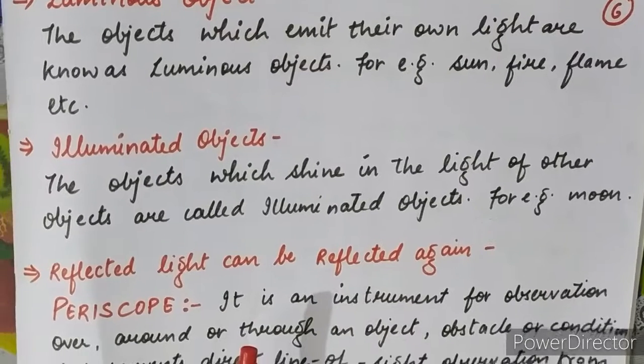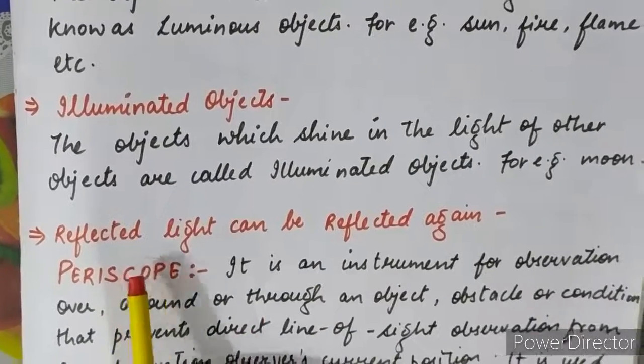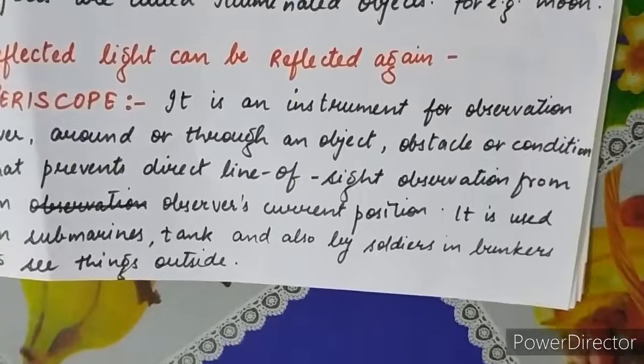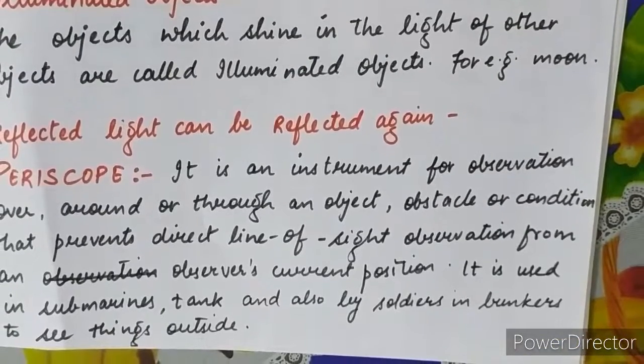Now, reflected light can be reflected again. Does it happen that reflected light can be reflected again? To understand this sentence, today I will explain one instrument in which this is followed.